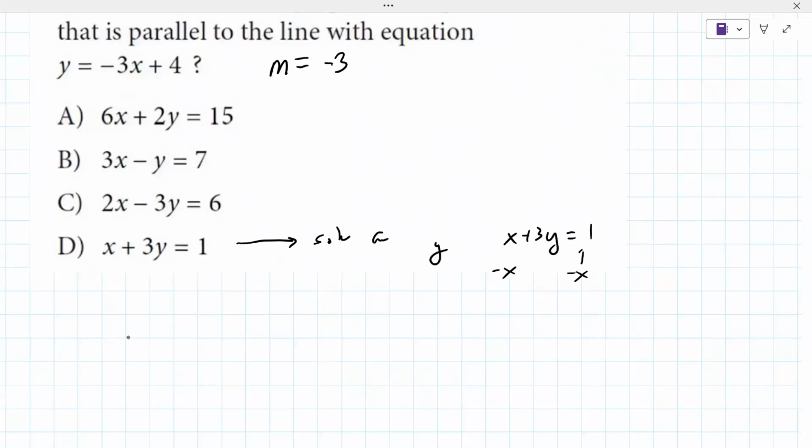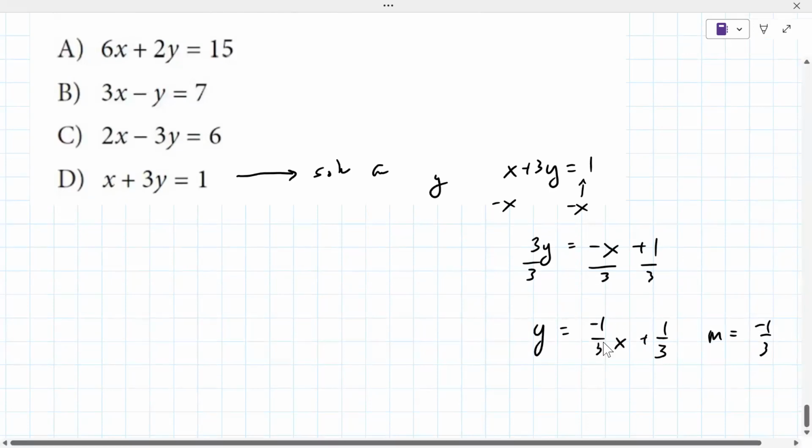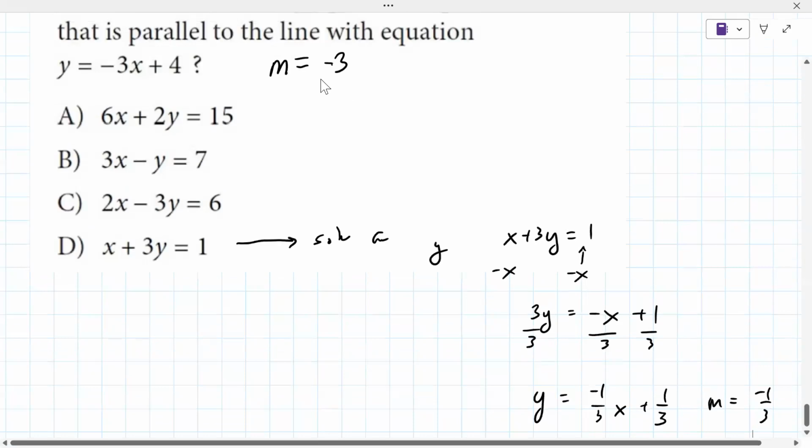When you subtract x, you want to put it in the front. 3y equals -x plus 1. Divide everything by 3. It's really a -1 in front of the x, so it's -1/3 x plus 1/3. The slope of this is -1/3. It's the number in front of x, but you can only get that if you solve for y, okay? Which is obviously not the same as this.